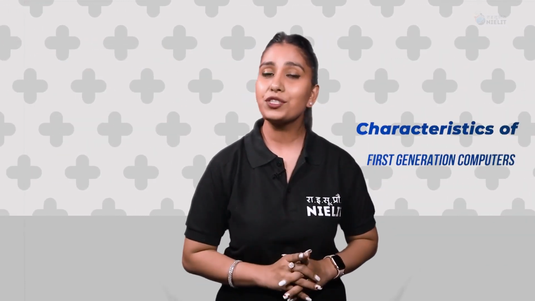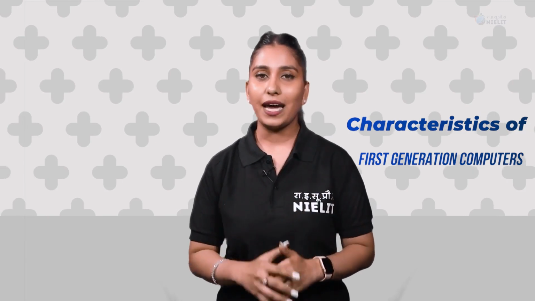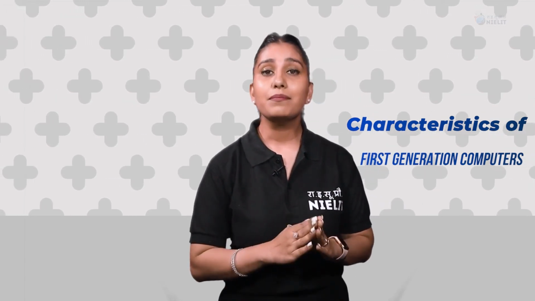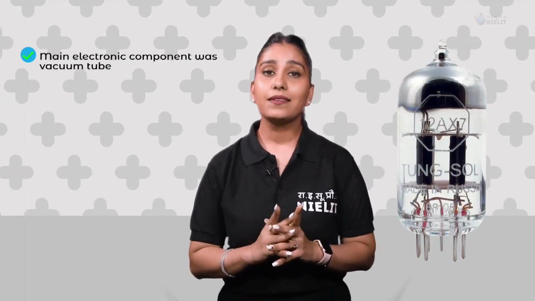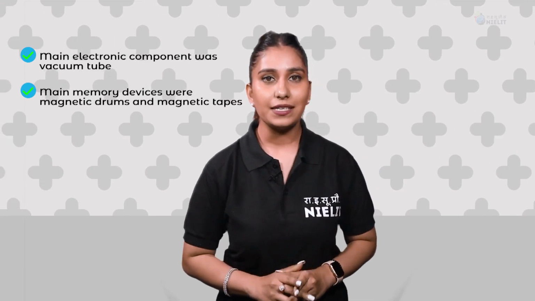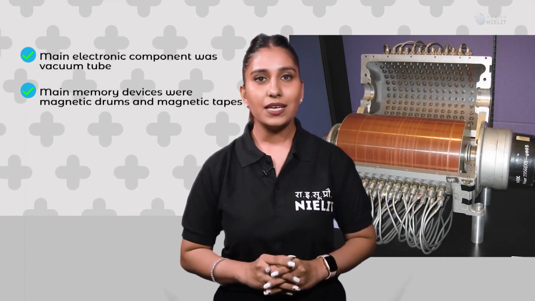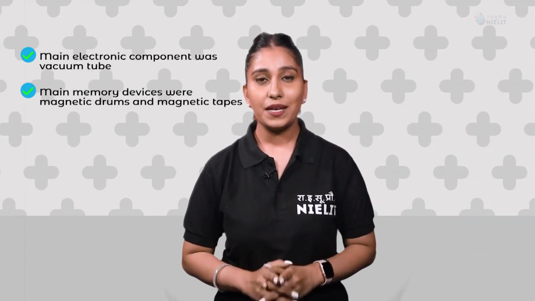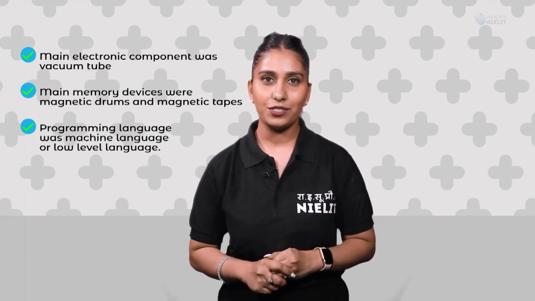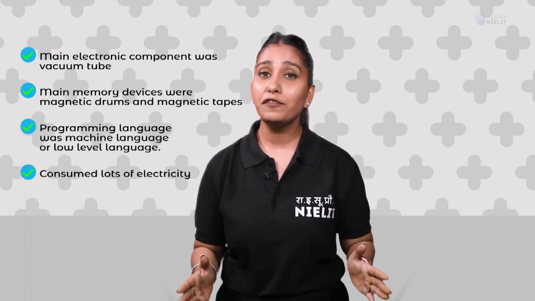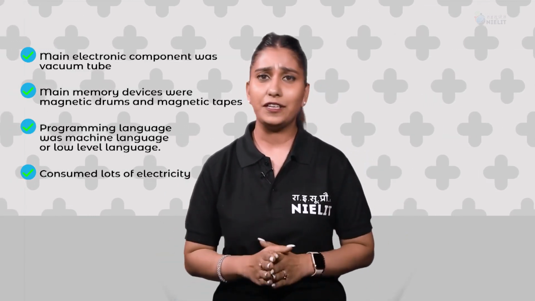The first generation computers had the following characteristics. The main electronic component was vacuum tube. Their main memory devices were magnetic drums and magnetic tapes. Their programming language was machine language or low-level language. They consumed a lot of electricity and generated a lot of heat.